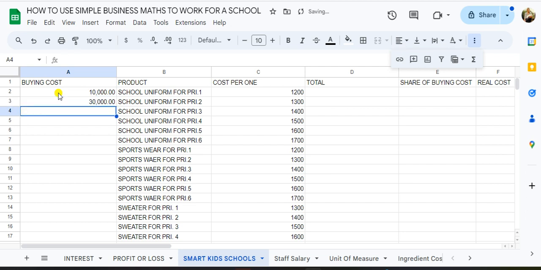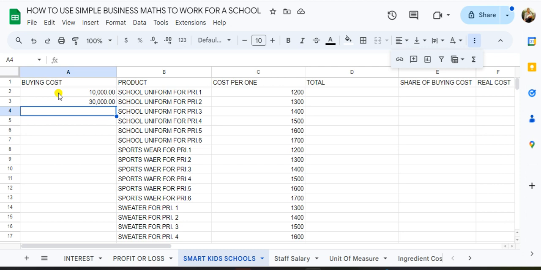All right, then the textile company will do the artwork for them, like the school logo and other information, the school name. They will do the artwork that they will put on the school uniform and the school sweater. Let's say for the four products they are supplying, they charge 2,500 each.